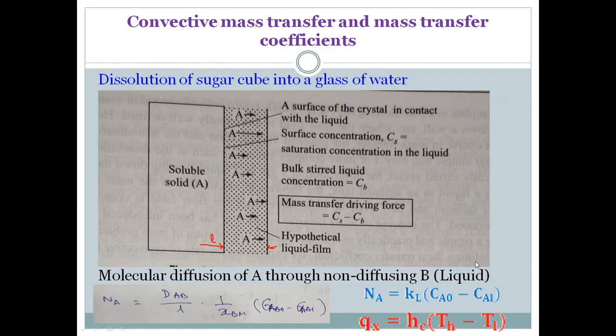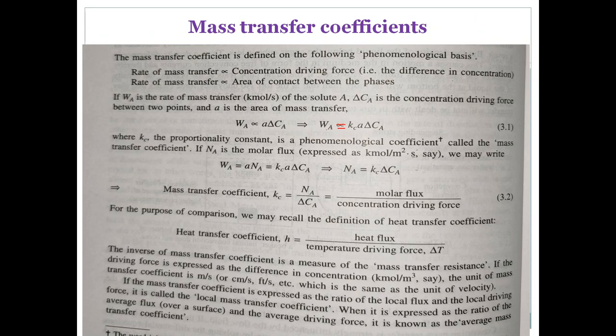Now let's see this mass transfer coefficient in another way. Mass transfer coefficient can be defined on the following phenomenological basis. Phenomenological means it comes from experience.